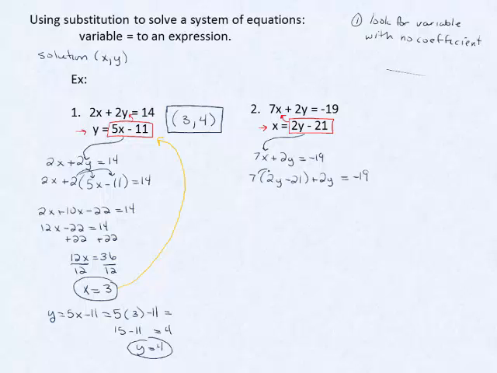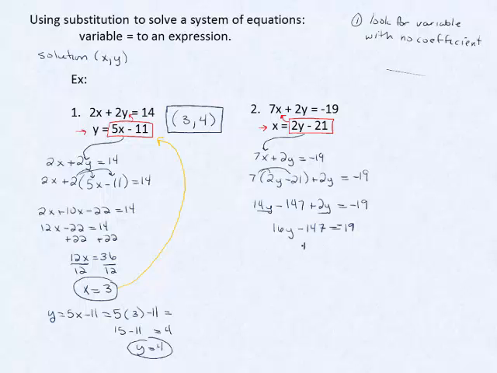I distribute the 7, and I get 14y minus 147 plus 2y is equal to negative 19. 14y and 2y is 16y minus 147 is equal to negative 19.